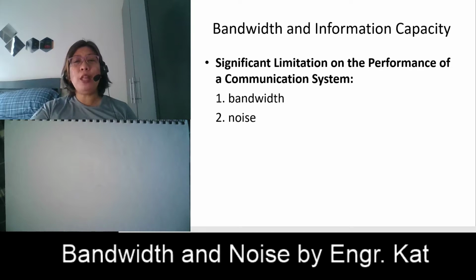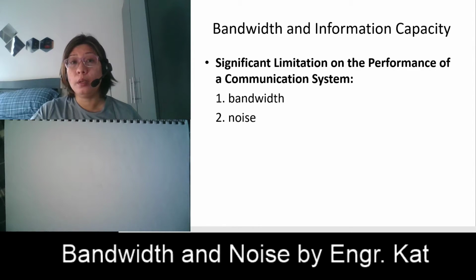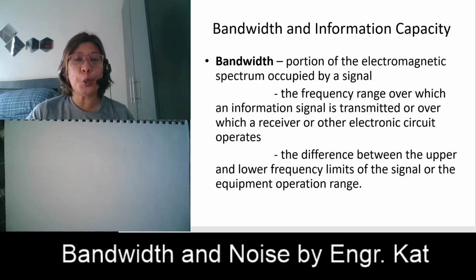Okay, so bandwidth and information capacity. The significant limitations on the performance of any communication system, either analog or digital, are two: bandwidth and noise. Bandwidth is that portion of the electromagnetic spectrum that is occupied by a signal.